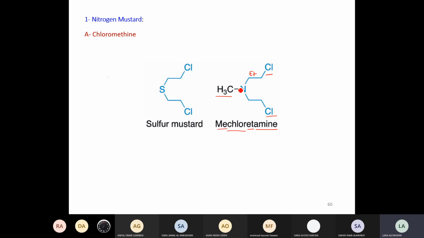Now, this compound was developed based on a war gas which was used in World War I واللي هو sulfur mustard.